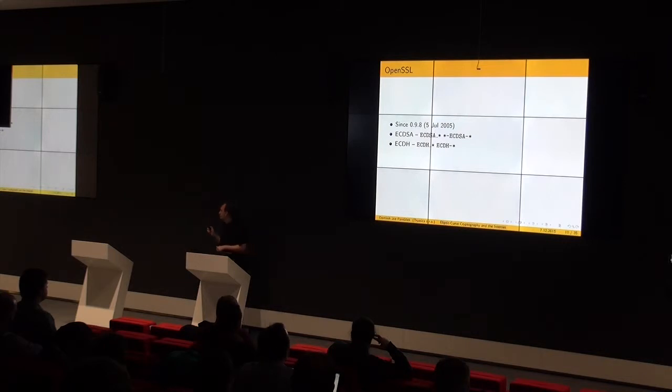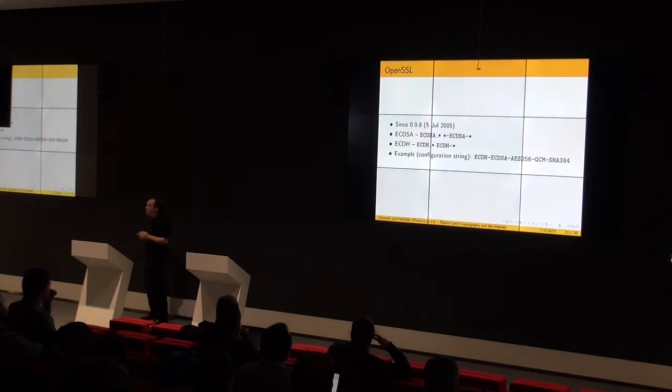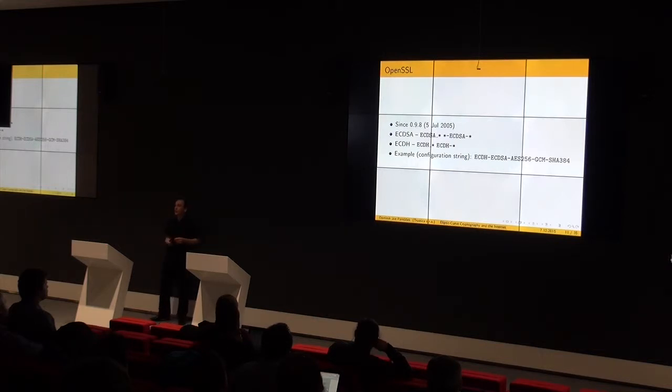I have an example here. With this configuration string, we are forcing the library to use ECDH for key exchange, ECDSA for peer authentication. That requires, of course, an ECC-based certificate. And then there's a configuration of the symmetric cipher, which is 256-bit AES with Galois counter mode used for chaining the blocks together.